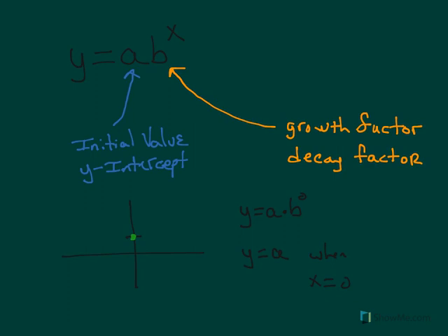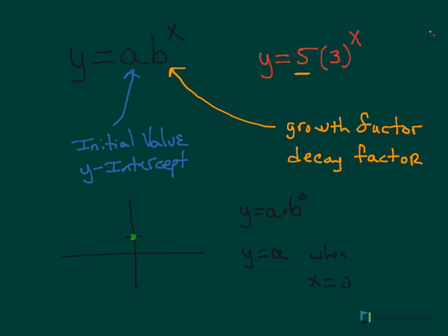So for example, if we looked at an equation, let's look at y equals 5, and let's say our b value is 3 to the x power. So your initial start value when x is 0 is 5, and then you're going to take the number 5 and multiply it by 3 a certain number of times depending on what the power is.